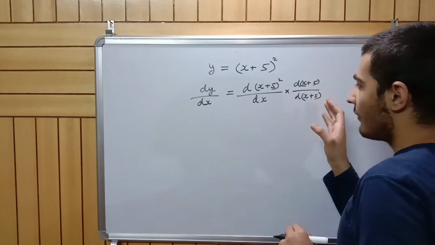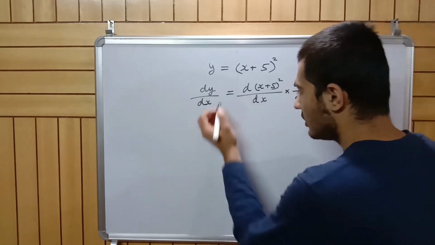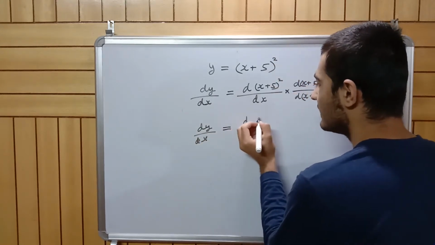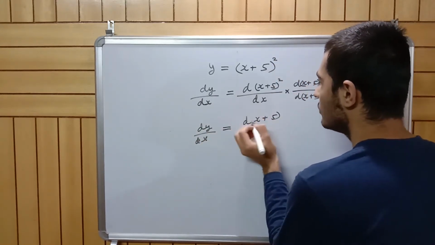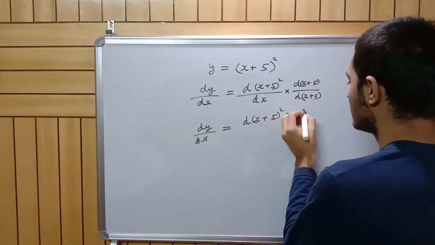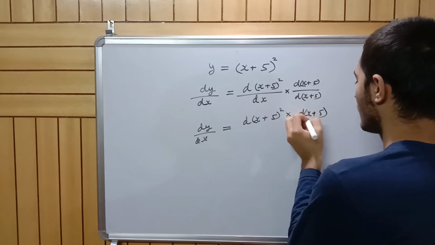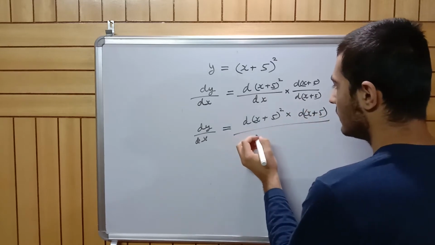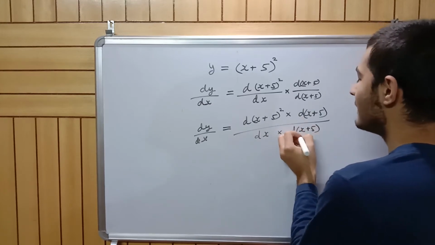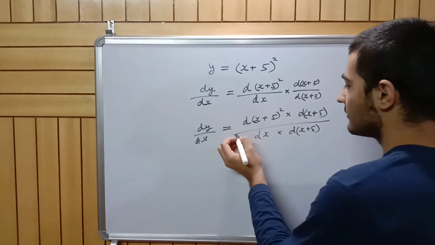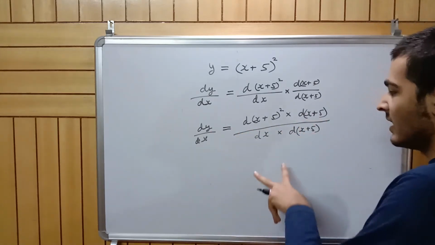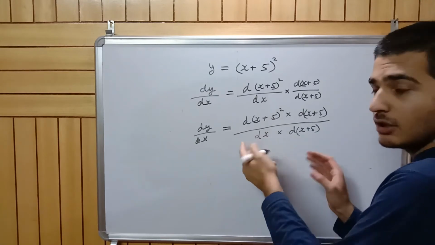Why am I doing this? Wait, I'll just show you in a moment. So this whole dy by dx equals d of x plus 5 whole square, into d of x plus 5 upon dx into d of x plus 5. So this is just a mathematical trick. Obviously this has some physical significance, just as I showed you before, but this is after all a mathematical trick. Now the order of these two doesn't matter, so I can just switch them.